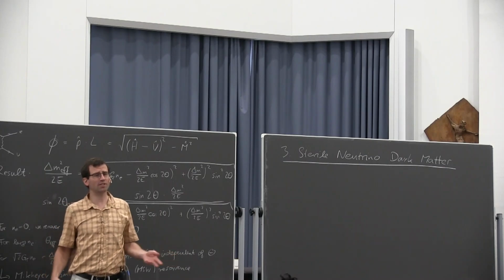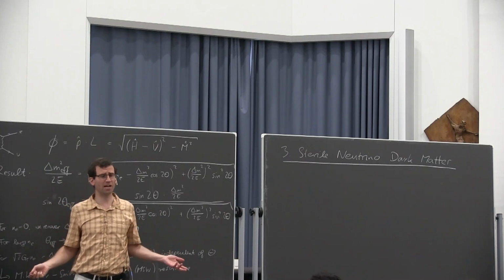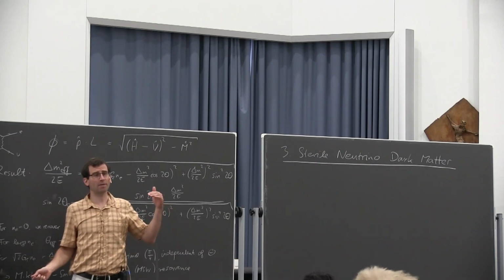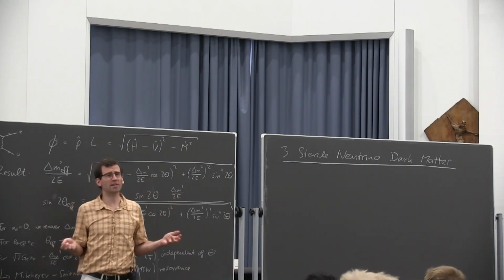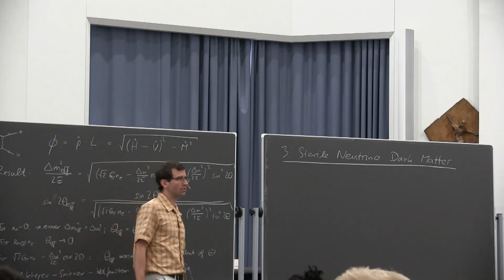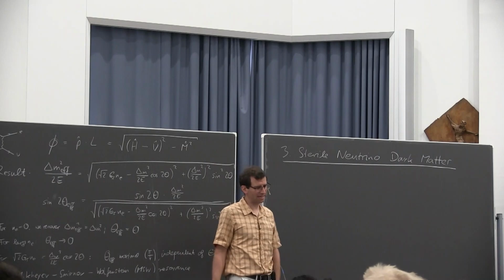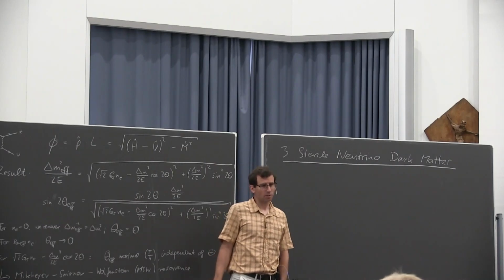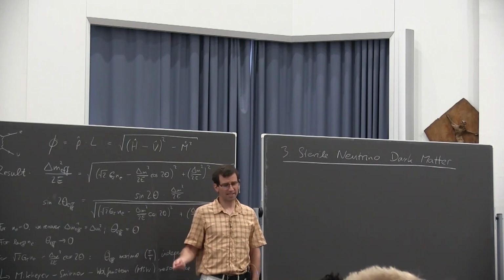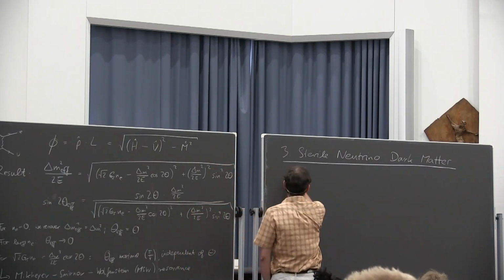It's electrically neutral, so that satisfies one important property of dark matter. And if it's not too light, then it can be cold enough that it can actually be cold dark matter. So in that sense, a sterile neutrino is perhaps a natural dark matter candidate. Of course, it's not completely isolated. It still talks to the standard model through, once again, the neutrino portal.